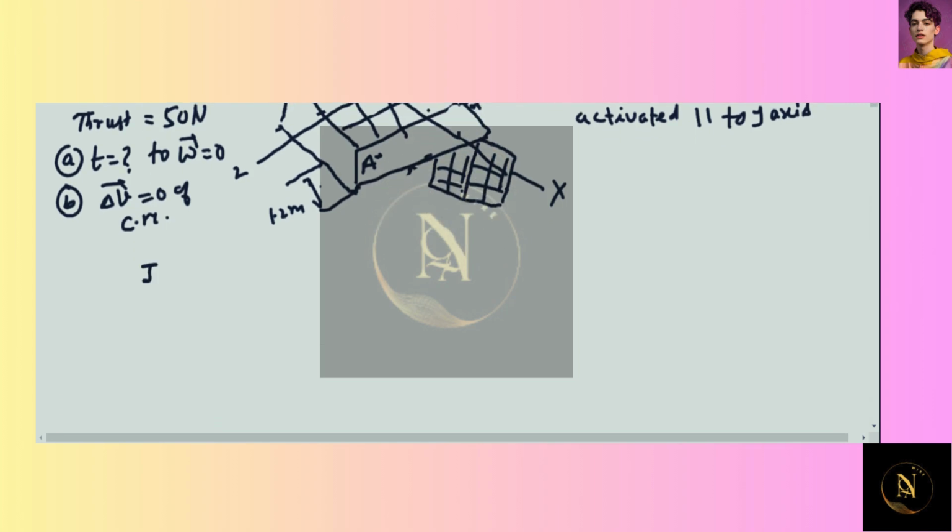First we will calculate the moment of inertia of the satellite along the x-axis, y-axis and z-axis. Ix will be m kx square. Mass is 1200 kg, with the radius of gyration along the x-axis, so it would be 1505.28 kg meter square.